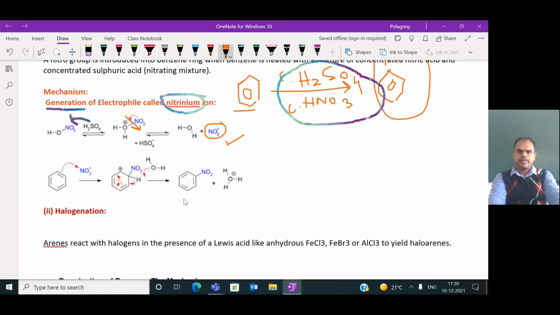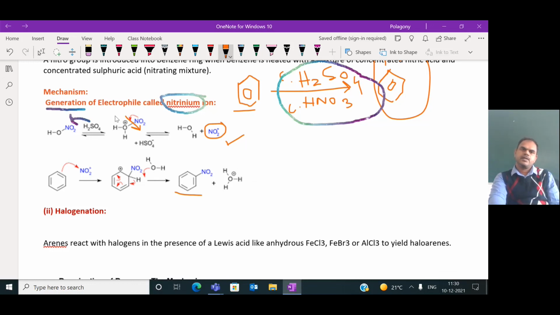Then nitrobenzene is prepared. This proton is abstracted by either the bisulfate ion or a water molecule, forming a hydronium ion. This hydronium ion gives the proton to the bisulfate and forms sulfuric acid again.